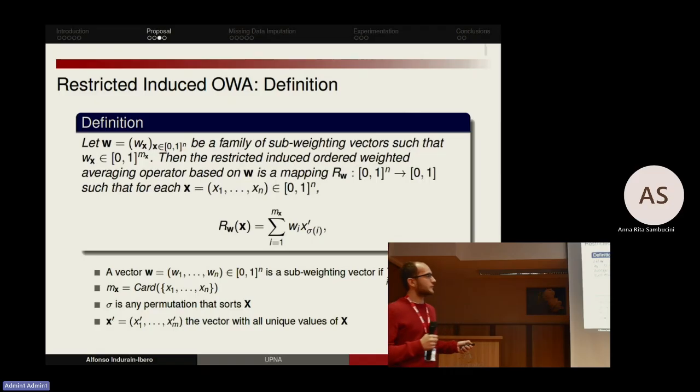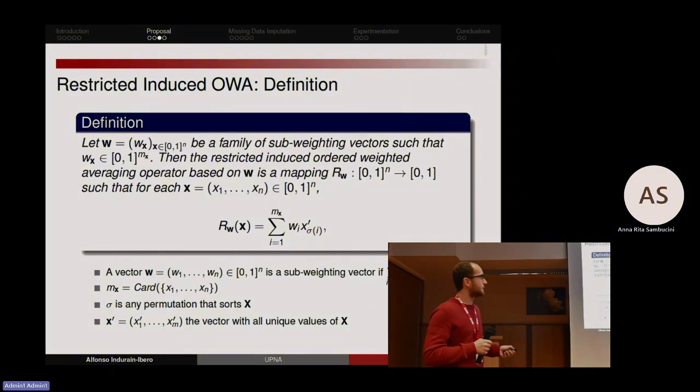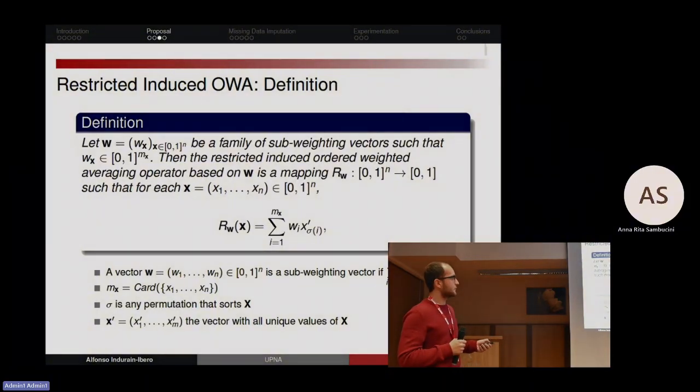Second, we are going to sort it according to a permutation, similar to the original OWA, but this permutation is always going to depend on the number of duplicates. For example, if an input, let's say x1, is repeated 3 times, its inducing value is going to be the number 3. And lastly, we are going to multiply it by a vector w, which is a weighting vector.